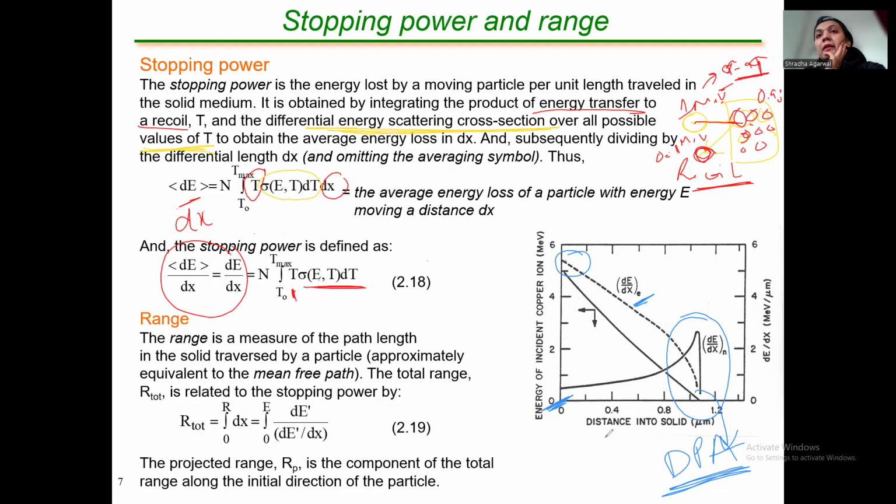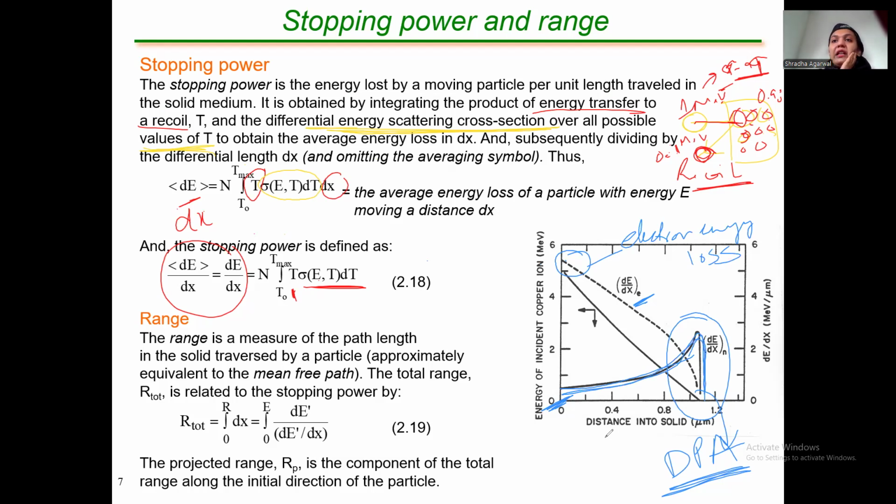So when your atom enters the material, electronic energy loss will happen. Gradually, it will lose enough energy that it goes inside the material and does this nuclear interaction, right?